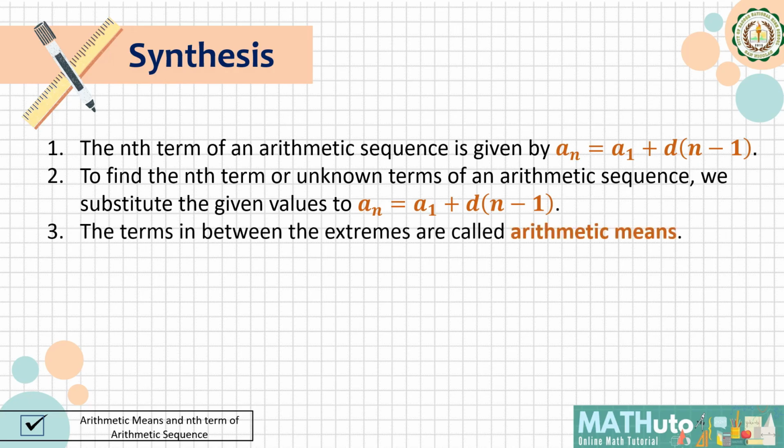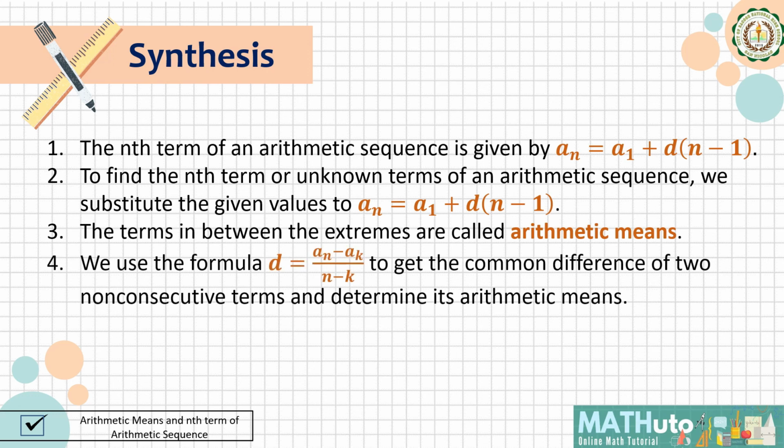The terms in between the extremes are called arithmetic means. And we use the formula d is equal to a sub n minus a sub k all over n minus k to get the common difference of two non-consecutive terms and determine its arithmetic means.